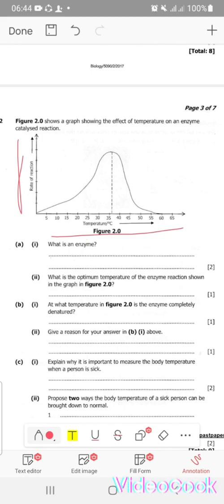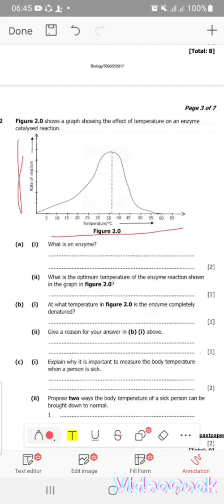Number 2. What is the optimum temperature of the enzyme reaction shown in the graph above? The optimum temperature is the temperature at which the enzyme works best.